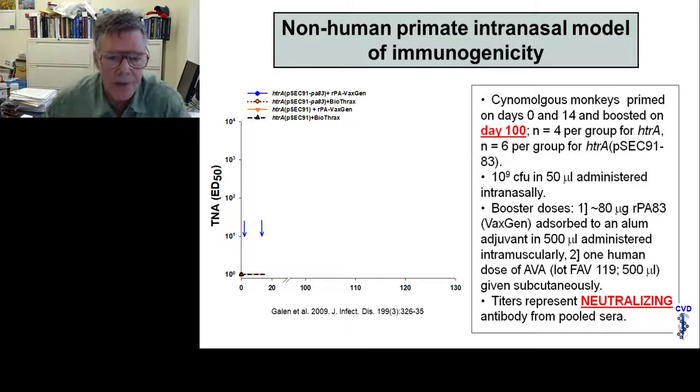And what we ended up finding out was that when you immunize cynomolgus monkeys intranasally on days 0 and 14 with our carrier vaccine expressing CLY-A-PA83, and you look for toxin neutralizing antibody, which is on the y-axis here, after 2 doses, you get nothing, okay?